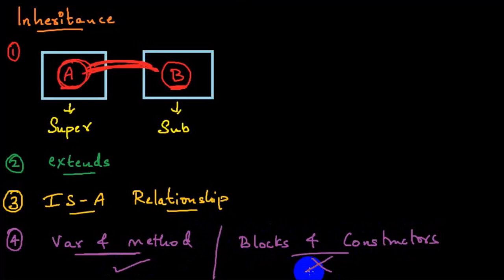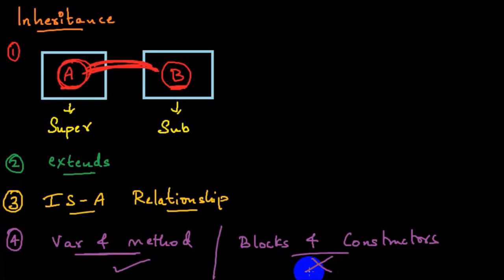In Java, only variables and methods can be inherited from one class into another class, but blocks and constructors can never be inherited, no matter what. Clear? It's a very simple part which you need to understand.